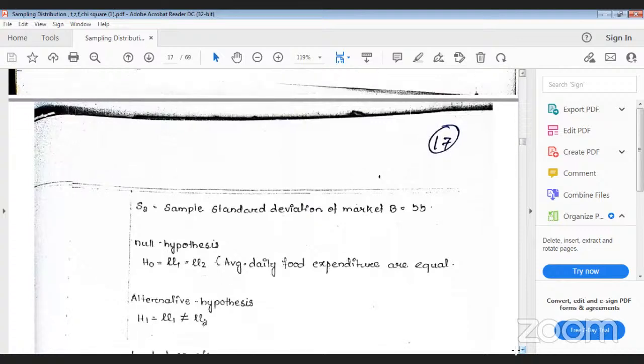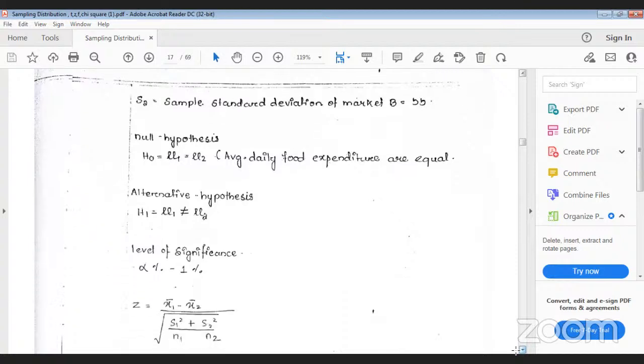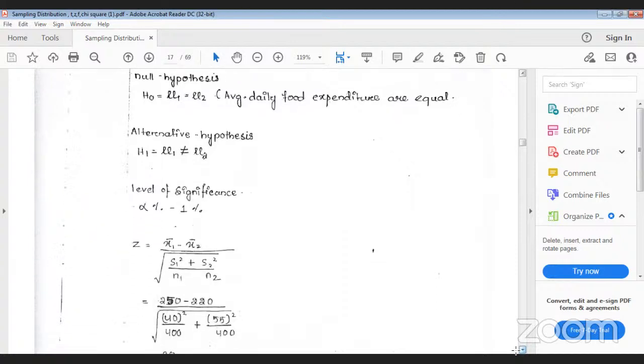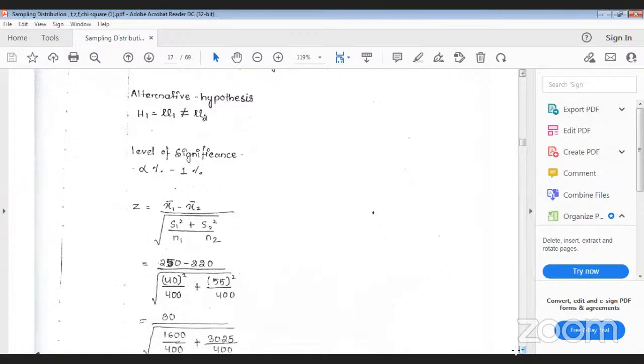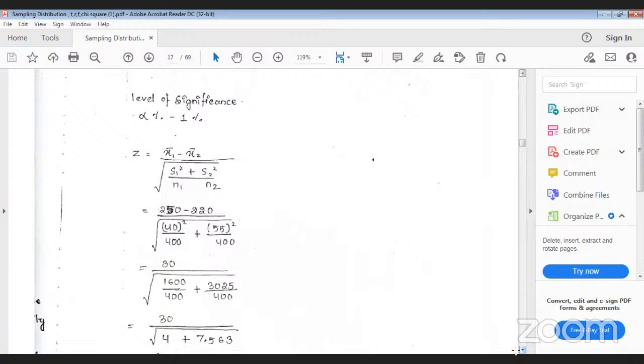The null hypothesis is mu1 equal to mu2, and the alternative is not equal, at 1% level of significance. The formula we know: x1 bar minus x2 bar over root of s1 square by n1 plus s2 square by n2.